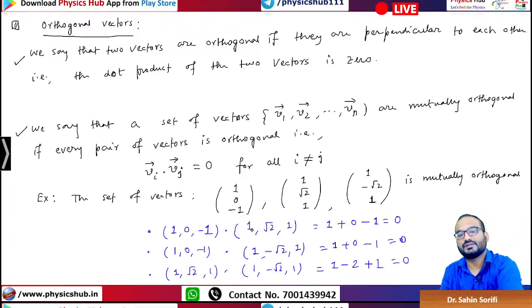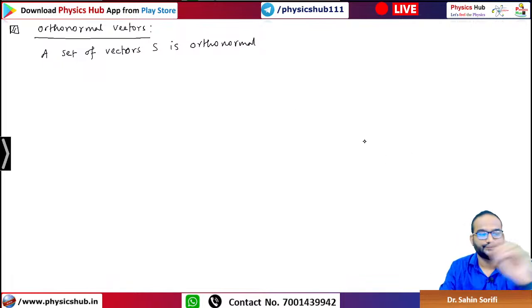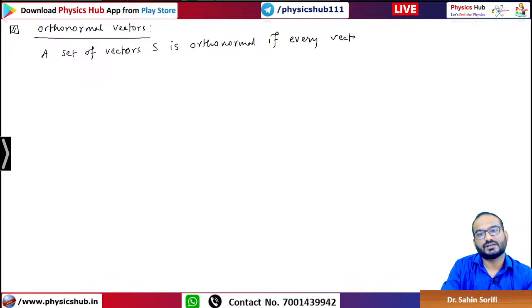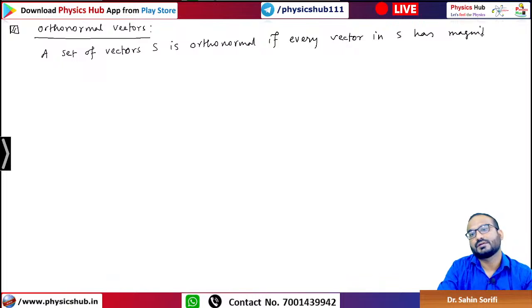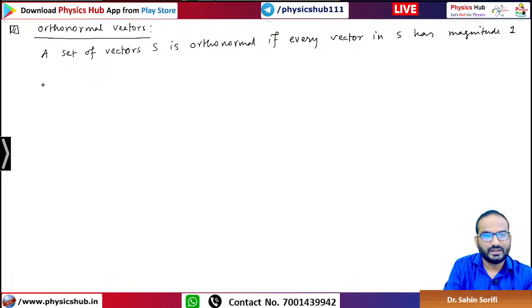Set of vectors S means, in this way you can consider v1, v2, v3 and so on, if every vector in S has a magnitude of 1, so this is normalized, magnitudes normalized to unity, and the set of vectors are mutually orthogonal.